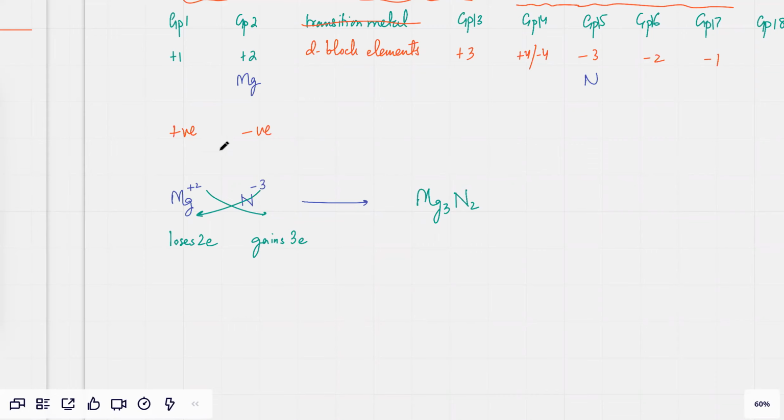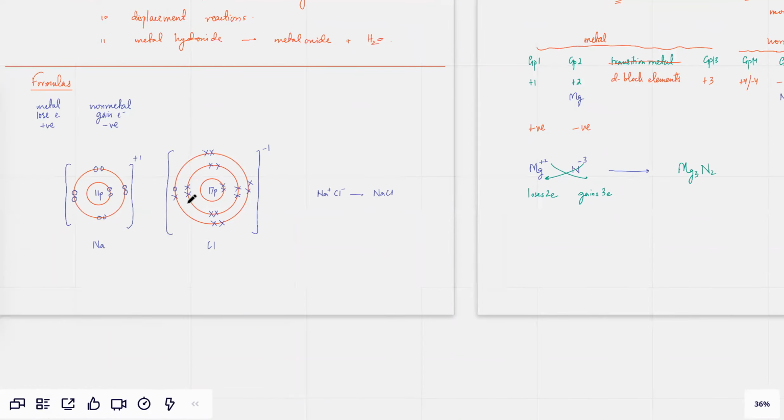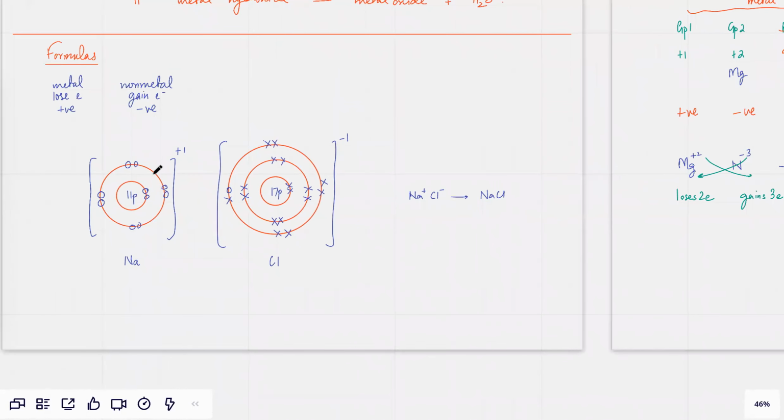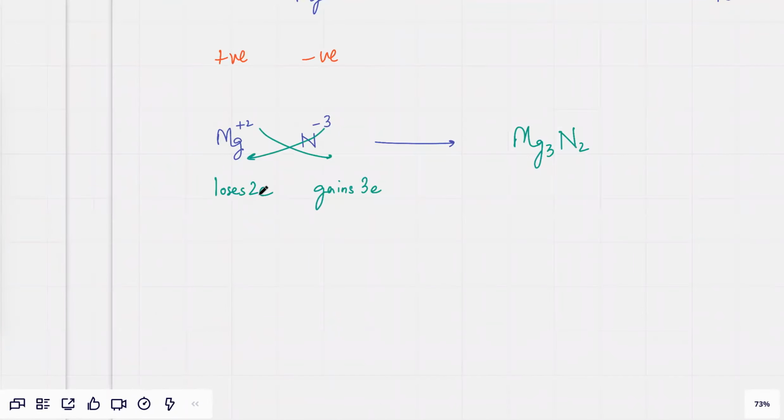Now, this is what was happening with sodium and Cl. The number of electrons lost by sodium must be the same as the electrons gained by Cl, right? If sodium loses 1, Cl gains 1. So the electrons lost and gained must be equal, but in this case, they're not equal.